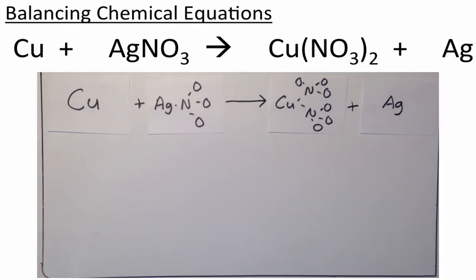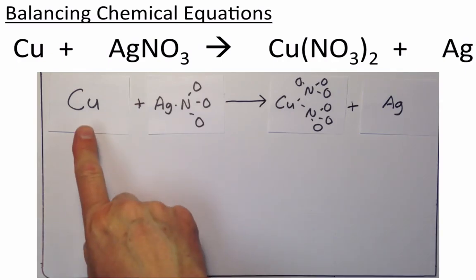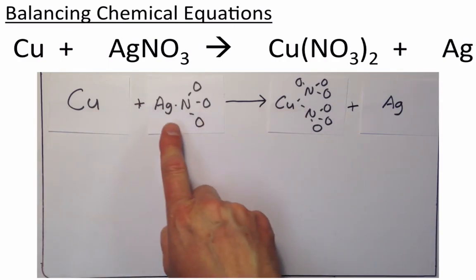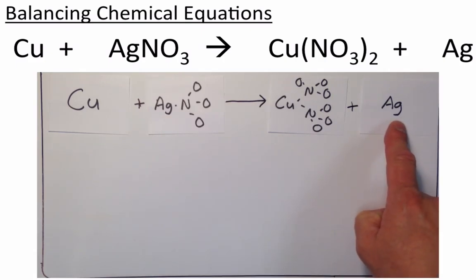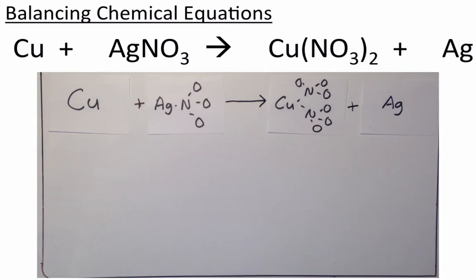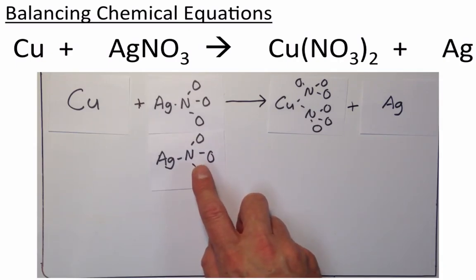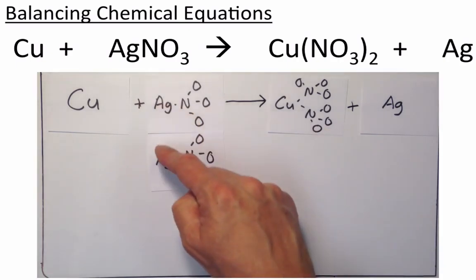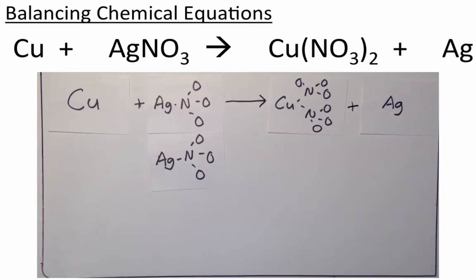Right, let's continue with these. I have copper plus silver nitrate yields copper nitrate and silver. Let's start with our metals. 1 copper, 1 copper, 1 silver, 1 silver, 1 nitrogen, 2 nitrogens. So let's add another nitrogen. But now I have 2 silvers and only 1 silver.